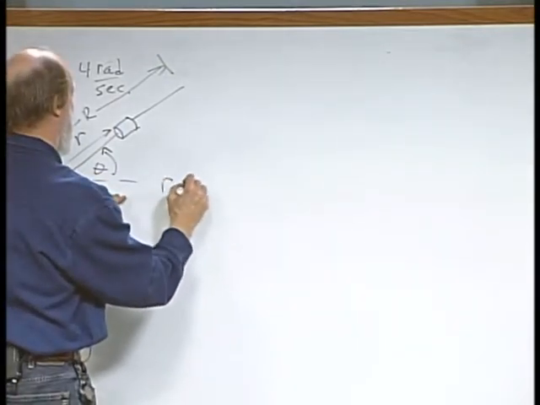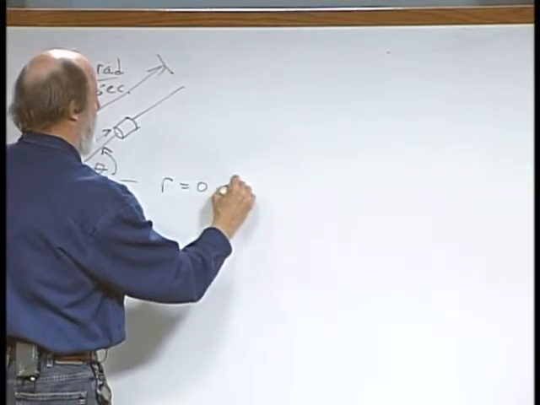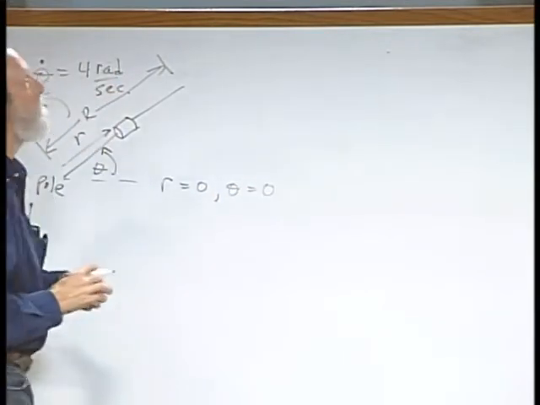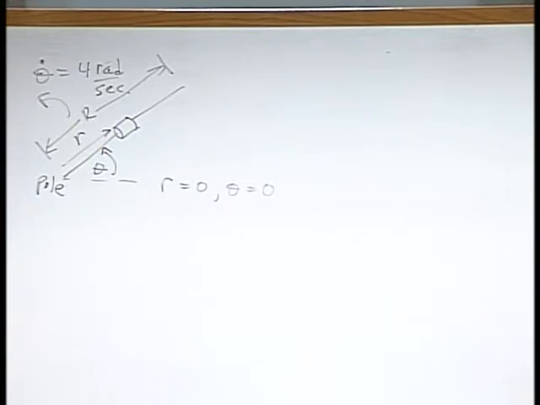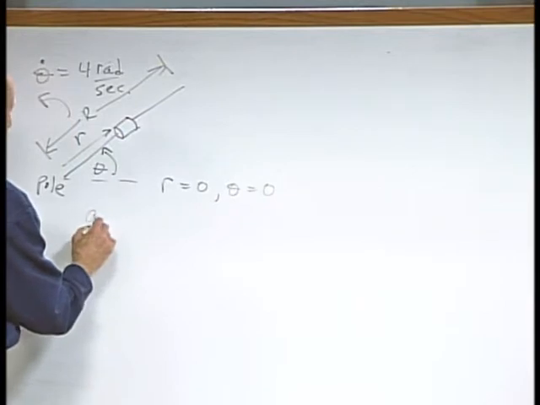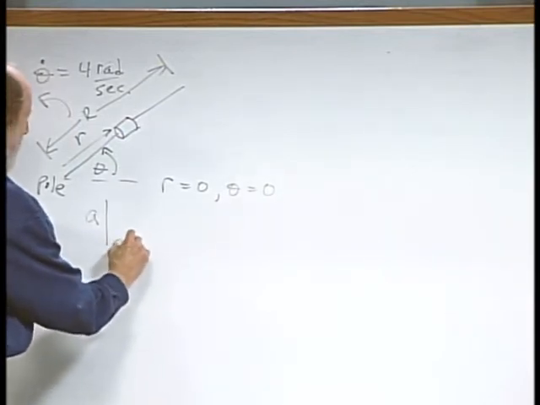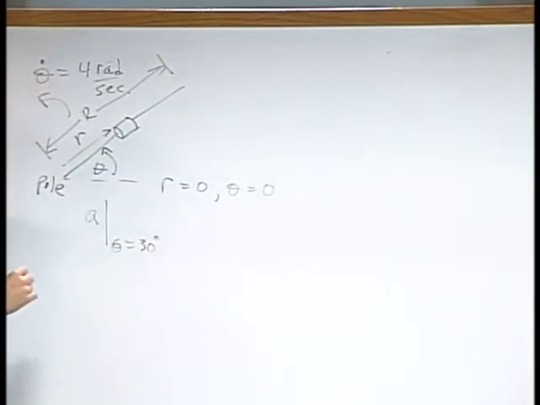Little r is equal to 0 when theta is equal to 0. Determine the magnitude A of the acceleration of the slider when you're at 30 degrees. So we want the magnitude when theta equals 30 degrees.